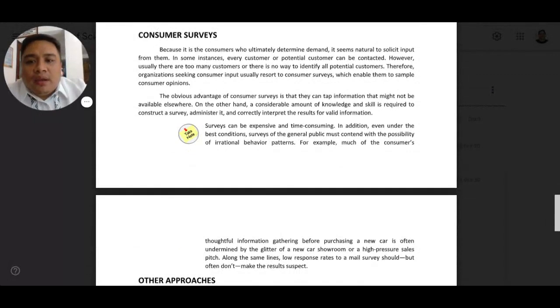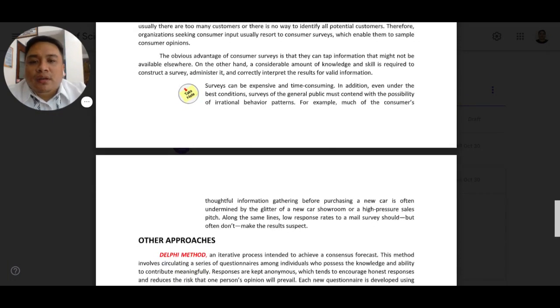Surveys can be expensive and time consuming. In addition, even under the best conditions, surveys of the general public must contend with the possibility of irrational behavior patterns. For example, a consumer's thoughtful information gathering before purchasing a new car is often undermined by the glitter of a new car showroom or a high pressure sales pitch.